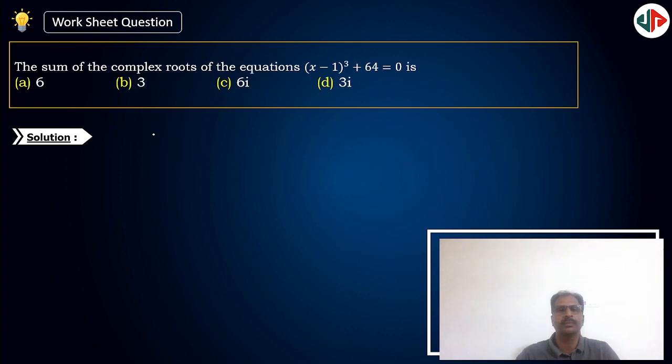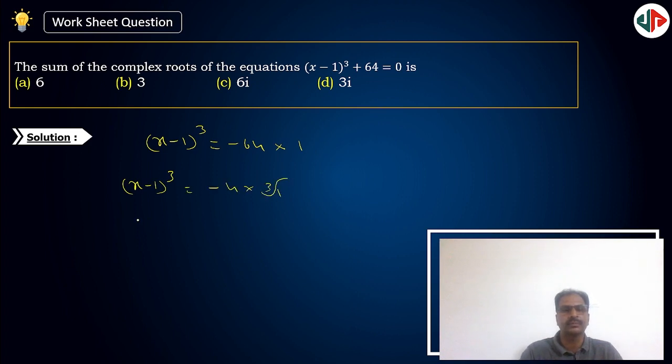Next, the sum of complex roots of the equation x minus 1 whole cube is equal to minus 64. That can be written as minus 64 into 1. So this is nothing but minus 4 into cube root 1. Cube roots of 1 are 1, omega, omega square.